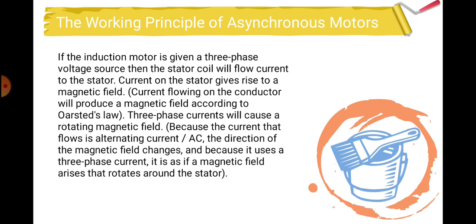Because the current that flows is alternating current, or AC, the direction of the magnetic field changes, and because it uses a 3-phase current, it is as if a magnetic field arises that rotates around the stator.